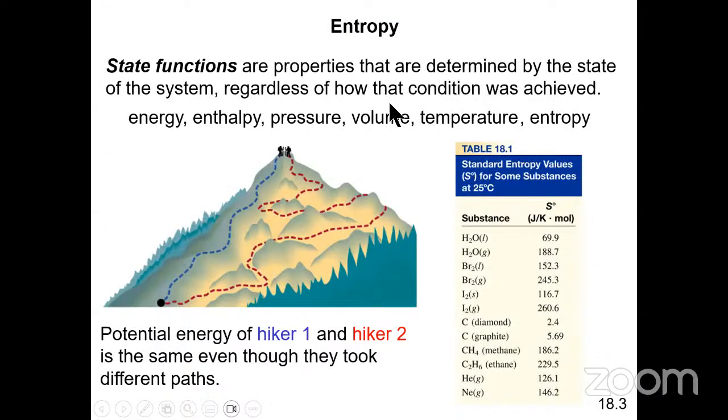Now, entropy is one of many state functions that you'll meet in thermodynamics. In fact, you have met state functions before, things like enthalpy, pressure, energy, temperature. Entropy is also an example of a state function. And just to remind you what a state function is, it is a property that is determined by the state of a system, regardless of how that condition was achieved, all right?